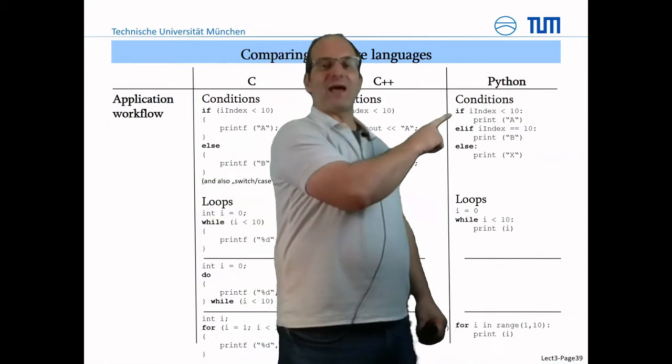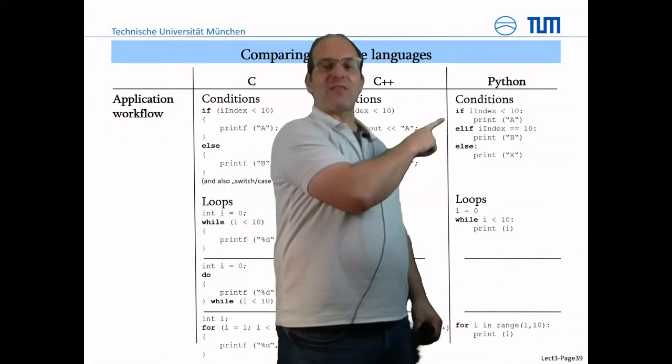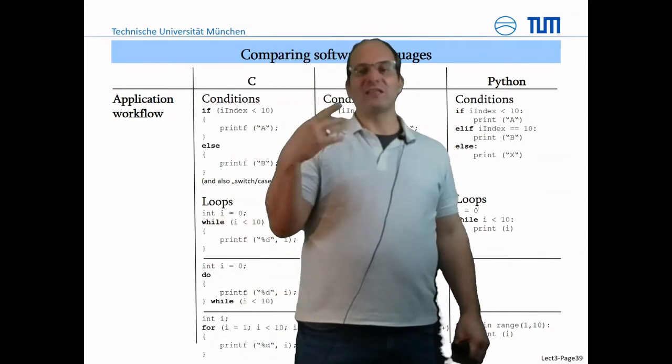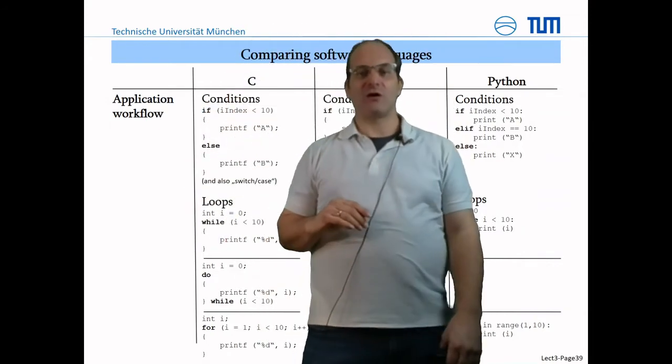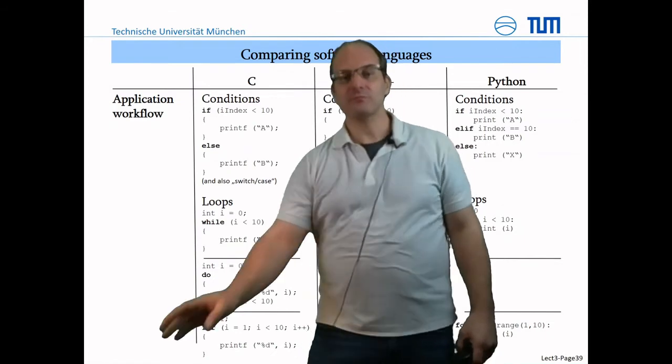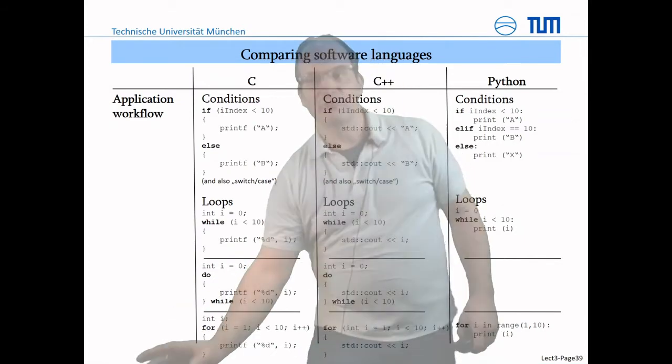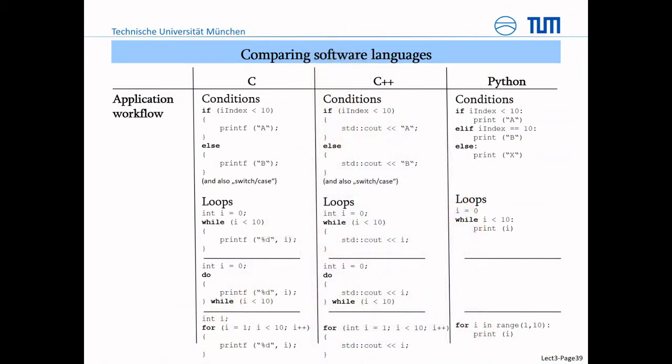So if you have here another indent, then you know, okay, it's a new logical combination of commands. The rest look quite similar. So if-else constructions are quite similar. You have this if-else possibilities, things like that.